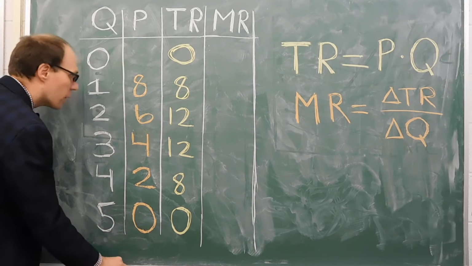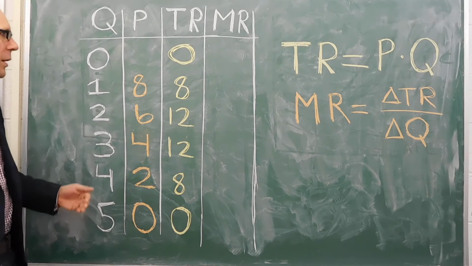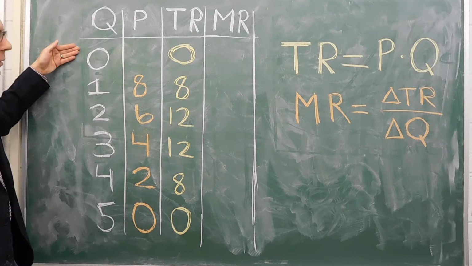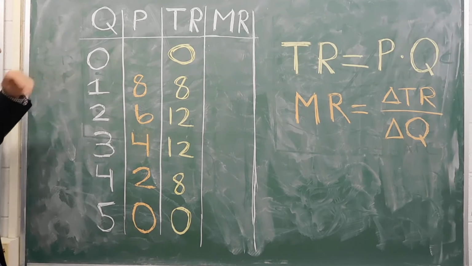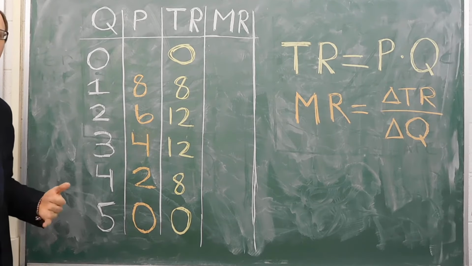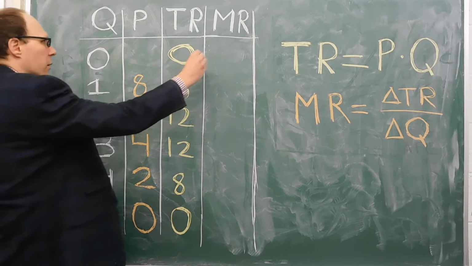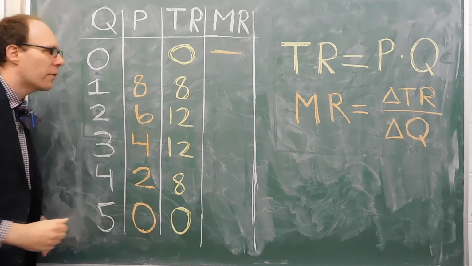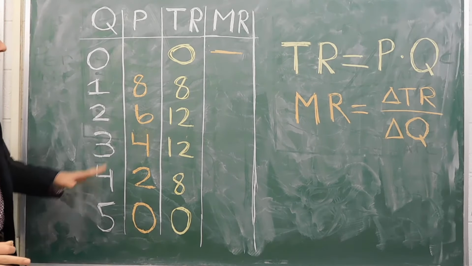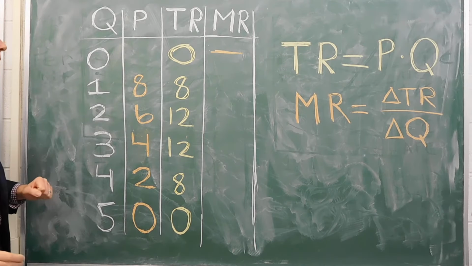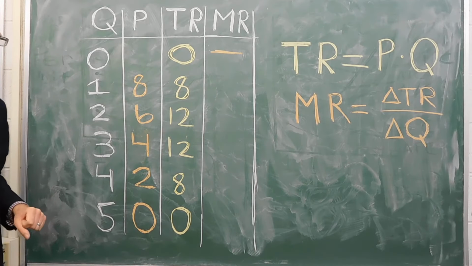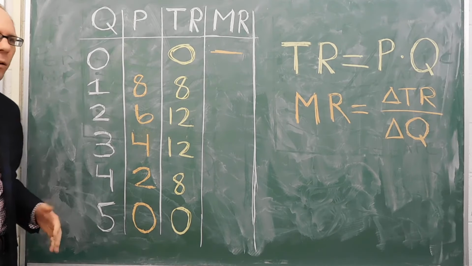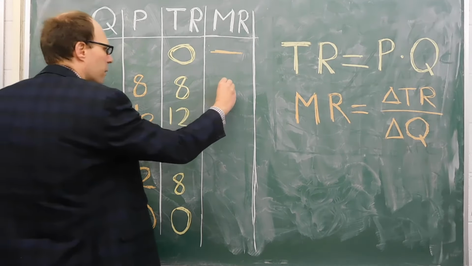When we look at the change, we take the total revenue we had beforehand, and we compare it with our new total revenue, and we see what is the difference. There is no negative unit of output, so we can't calculate the marginal revenue at an output of 0. But at an output of 1, we went from having total revenue of 0 to having total revenue of 8.